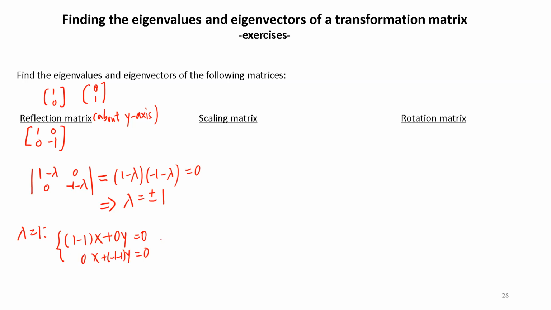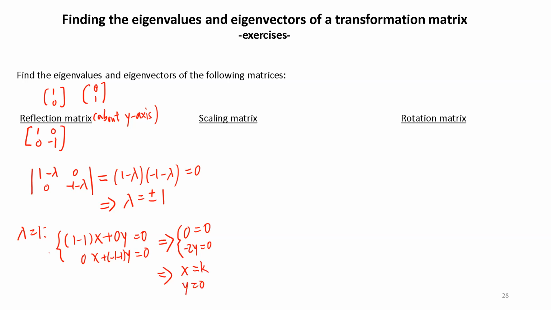From here, the first equation tells you nothing but 0 equals 0, and the second equation tells you minus 2y equals 0. So y has to be equal to 0, and x can be anything. Let me again call that k, and y has to be 0.